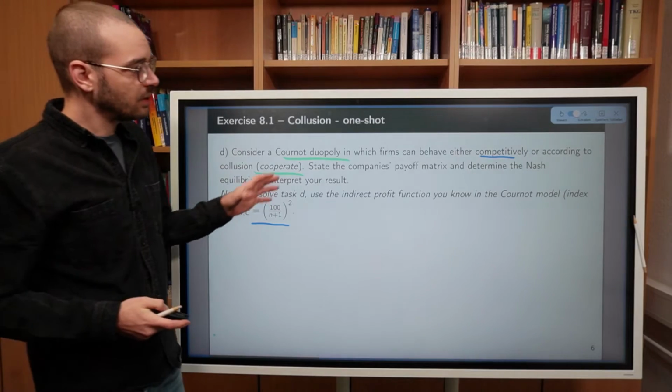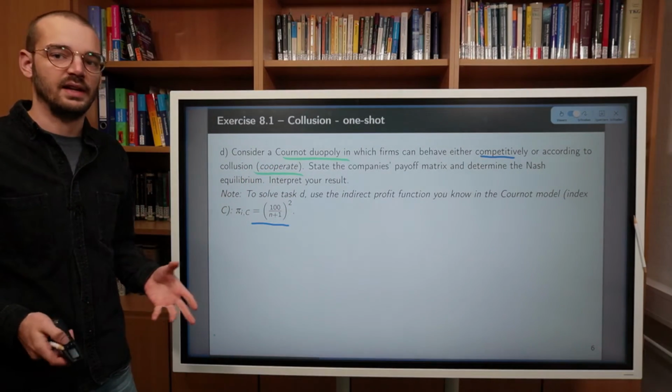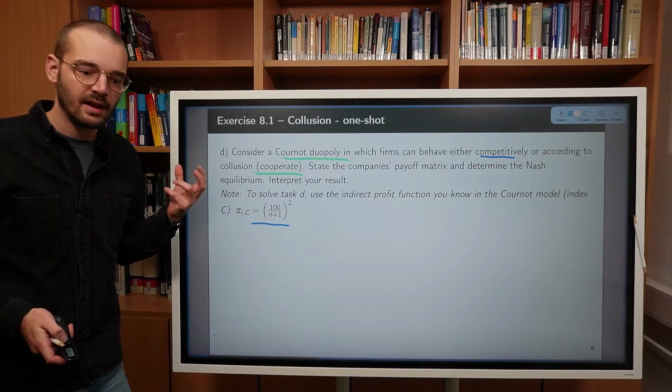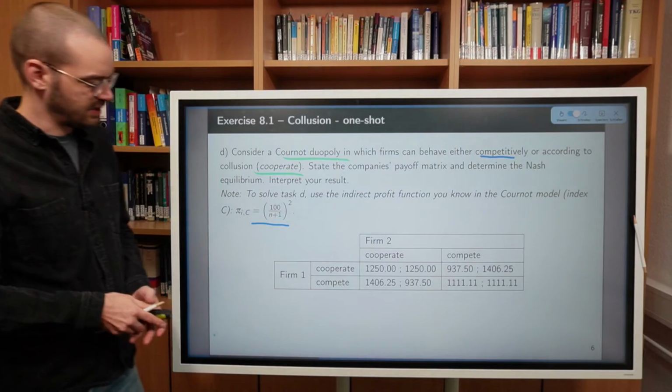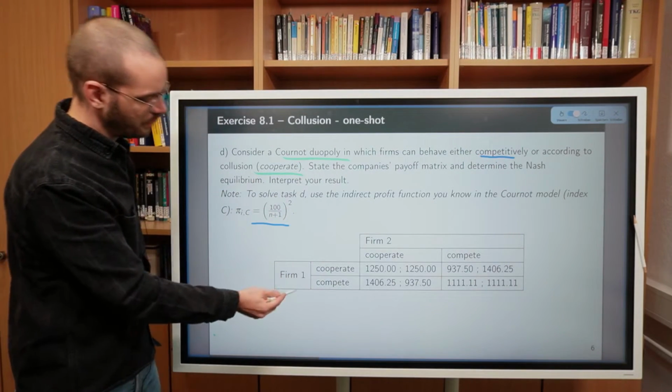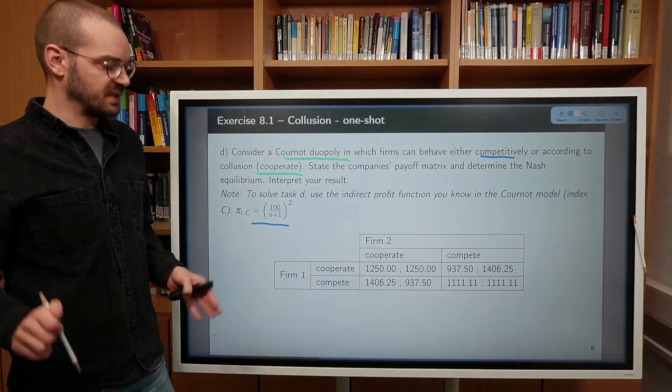And now if we use all of these profit functions that we have stated earlier in this exercise, we can calculate the profits that arise under any of these combinations. And that would look somewhat like this, right? We have 2 firms, firm 1 denoted in rows, firm 2 written over the columns.